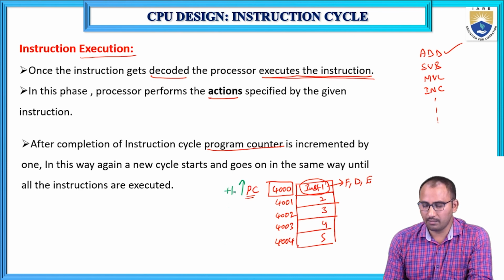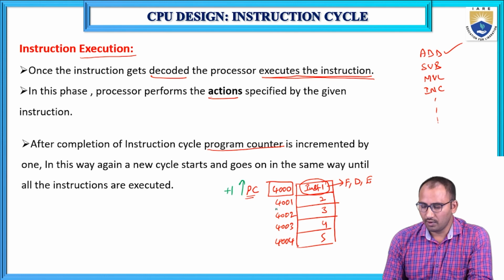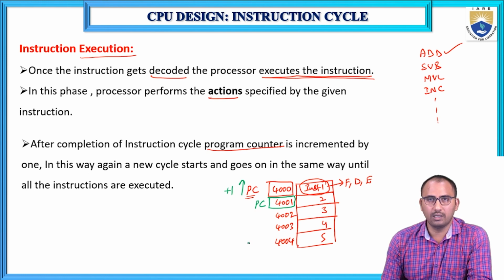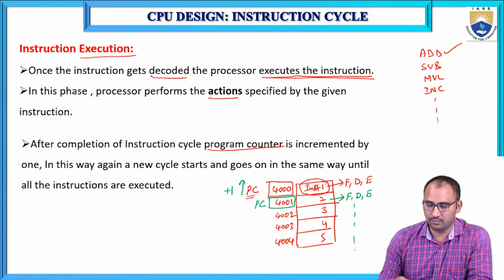So 4000 becomes 4001. Now the program counter address is 4001, which means the next instruction is stored in 4001. That instruction will be fetched, decoded, and then executed. Like that, all the instructions in the memory get executed.